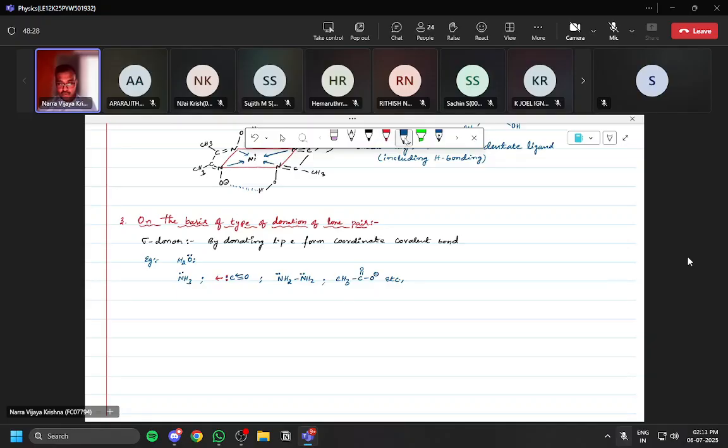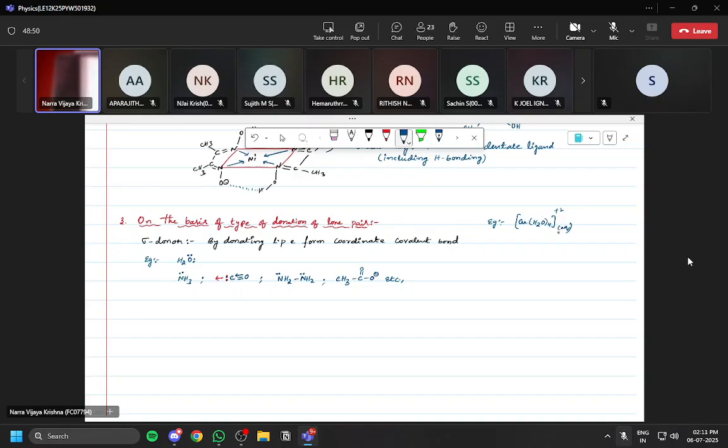Now, one more important example: [Cu(NH3)4]2+ or [Cu(H2O)4]2+ complex. We discussed copper plus 2 is stable in aqueous solution.